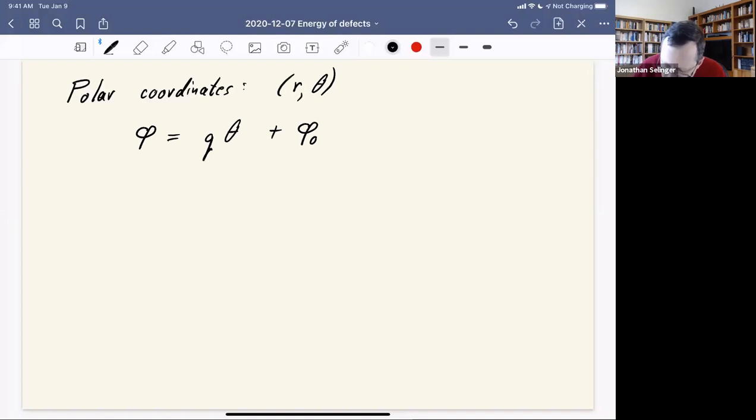So here, this Q is the topological charge. That's the same parameter that we were talking about last week.